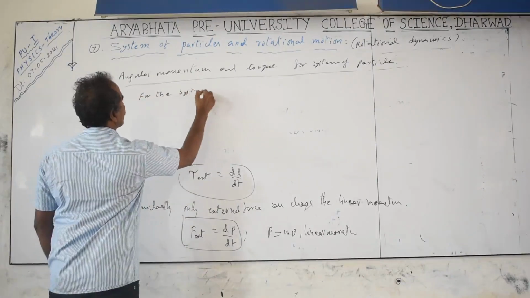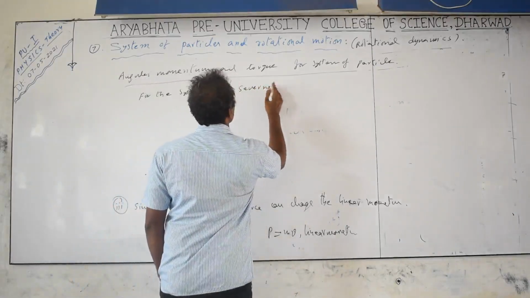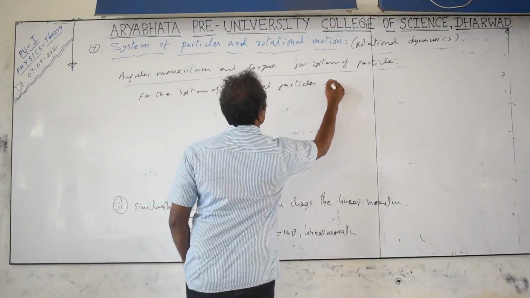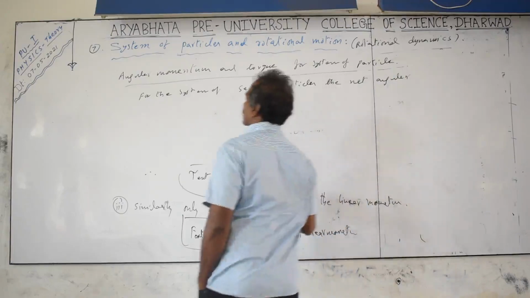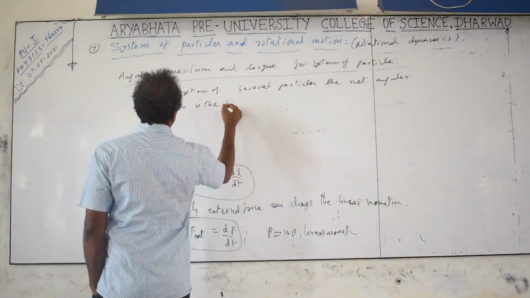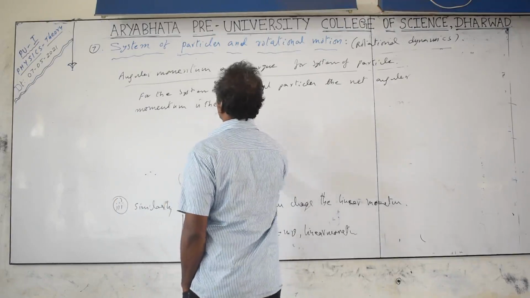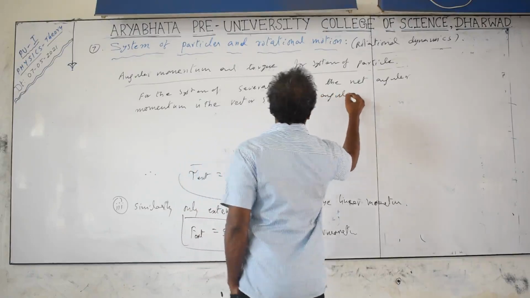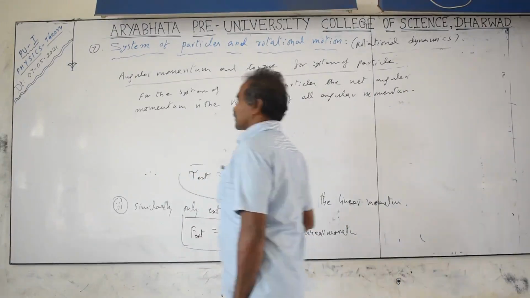What does a system mean? A collection of several particles. The net angular momentum is the sum, and the sum we have to take is the vector sum of all angular momentums.